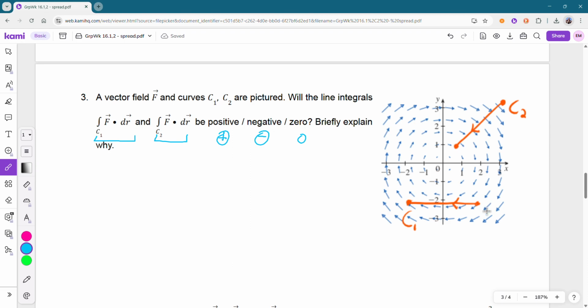And here, as we move from the right to the left, these blue vectors are all moving in the direction of our motion. And so we're going to have positive tangential components, and that integral should be positive for the first one, since our F vectors are pointed in our direction of motion.